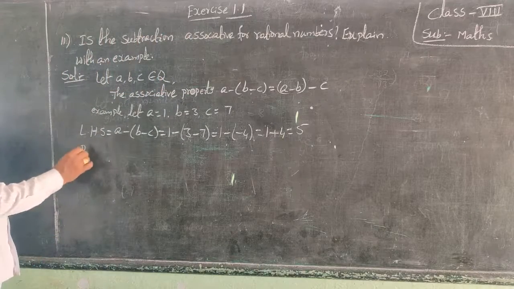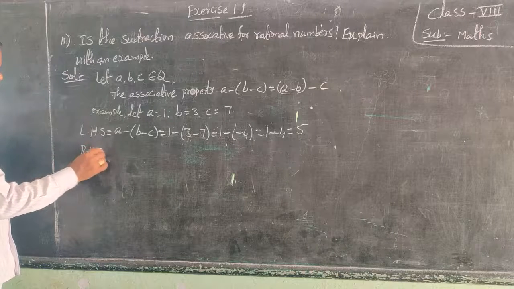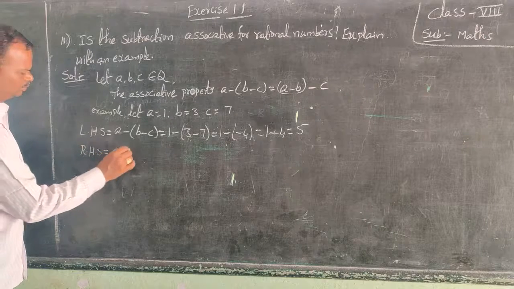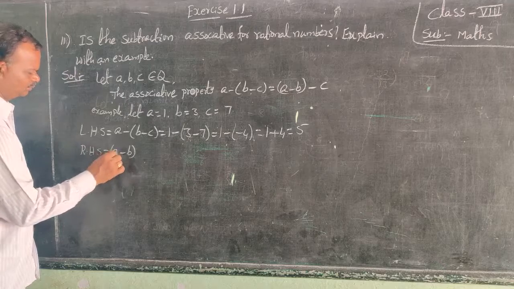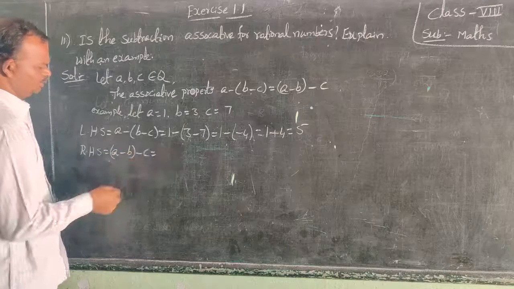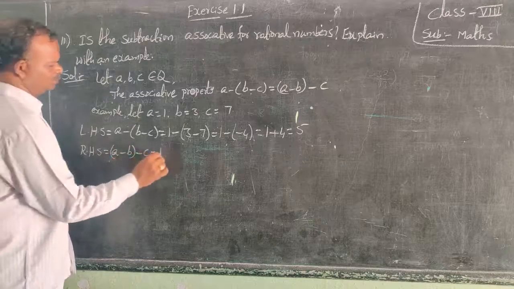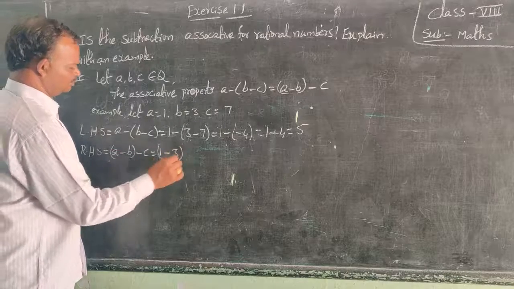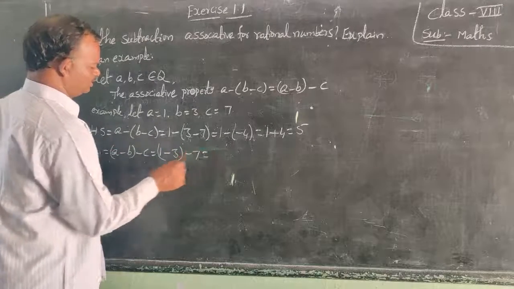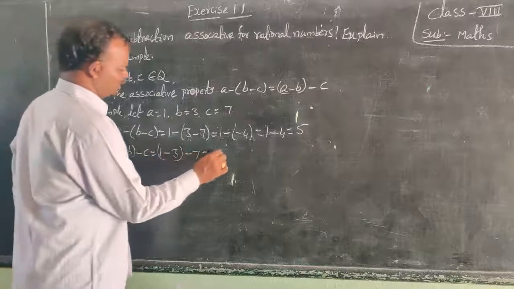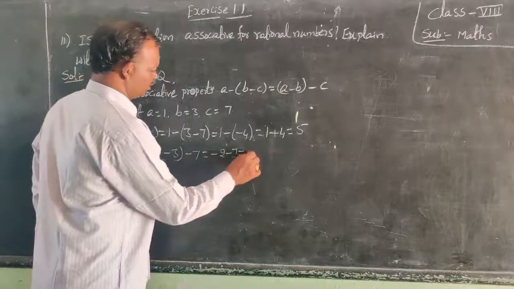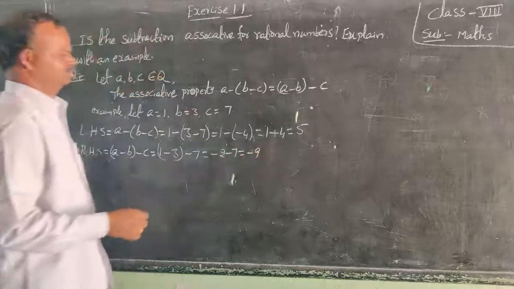And RHS, A minus B minus C: substituting the values, 1 minus 3 minus 7, 1 minus 3 means minus 2, minus 7 that is equal to minus 9.